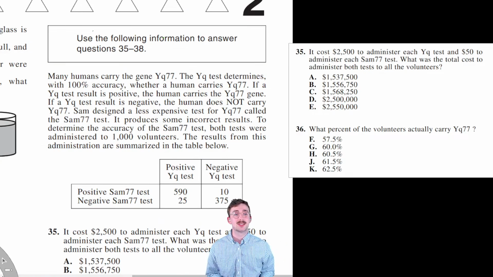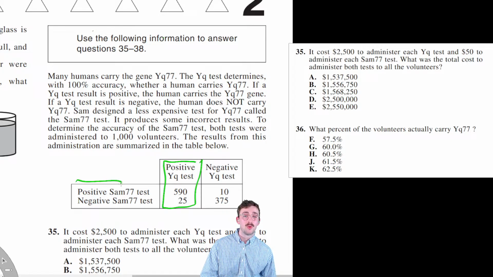All right, 36. What % of the volunteers actually carry YQ77? All right, so remember, this is that 100% accuracy thing. I got rid of my notes a moment ago, but with 100% accuracy, if they have a positive YQ test, they actually carry YQ77. So that is going to be both of those. Positive YQ test means that it's this whole area that's positive, regardless if it's a positive or negative SAM77.